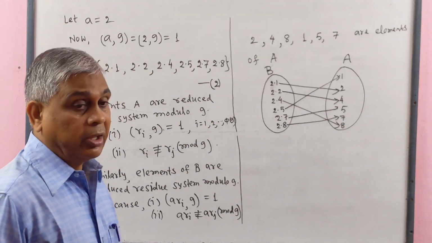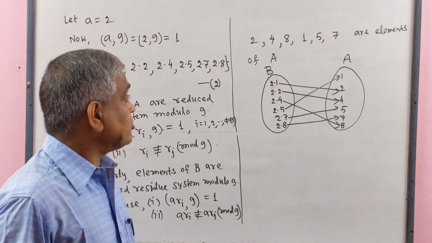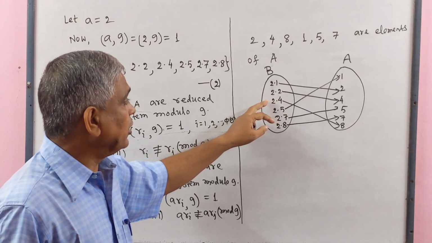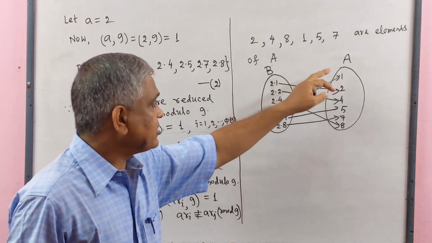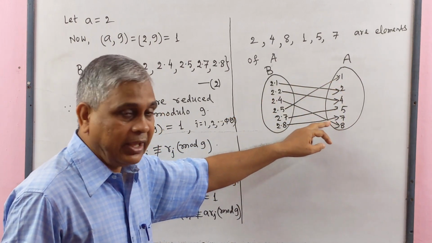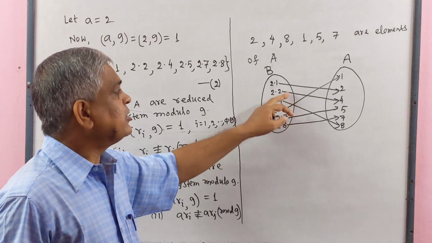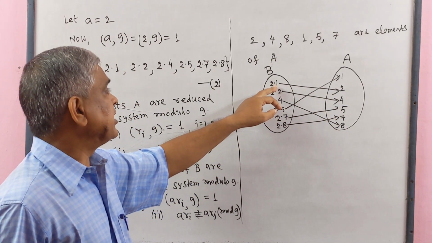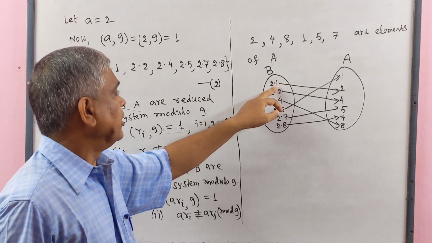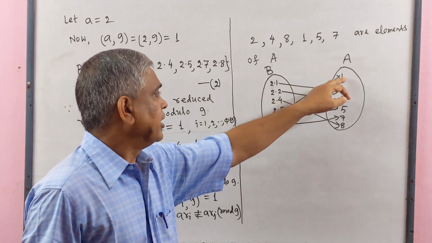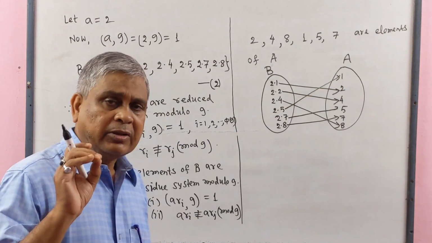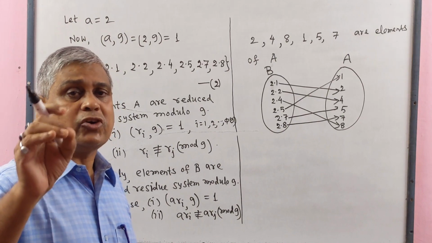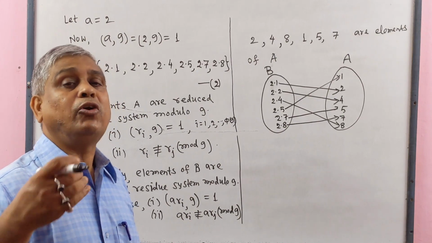Therefore, if the elements of B are divided by 9, we get remainders in set A in some order. It is not necessary that the first element of B is associated with the first element of A; the elements of B are associated with elements of A in some order.